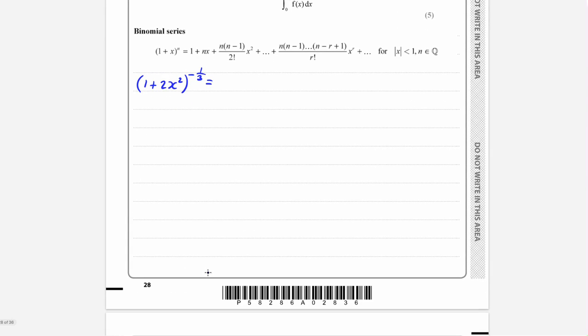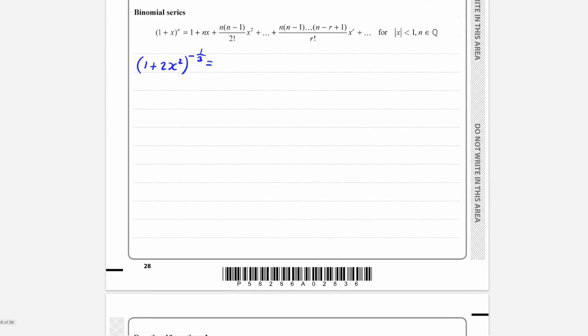So in our formula, just to be clear, guys, wherever I see x, I'm going to sub in 2x squared, and wherever I see n, I'm going to sub in minus a third. This question is actually, in my opinion, pretty straightforward because there's a formula, you just have to sub it in. Okay, so it's 1 plus n, so n is minus a third.